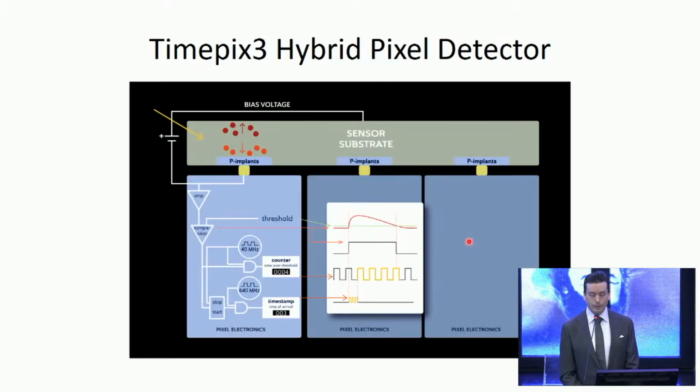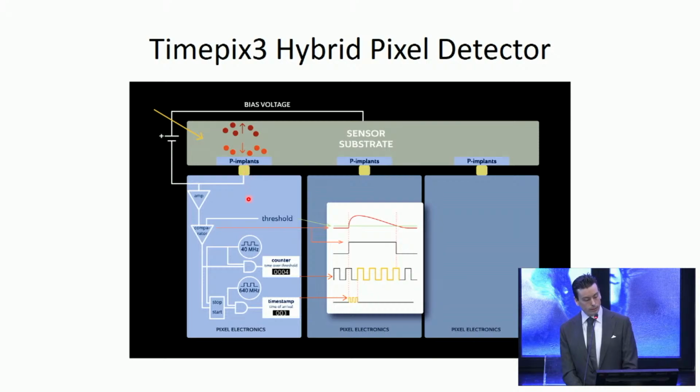So I'll tell you a bit about the Timepix. This is the Timepix3 hybrid pixel detector, and this is a difficult schematic representation of it. The only thing I would like you to remember from this is that the electron comes from the top, and it will leave behind electron-hole pairs or charge in this semiconductor layer. And this will drift towards the electrode, or the pixels which are down here. So this is a single pixel, this is another pixel, and this is another pixel.